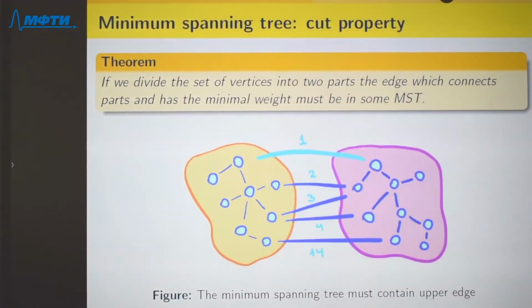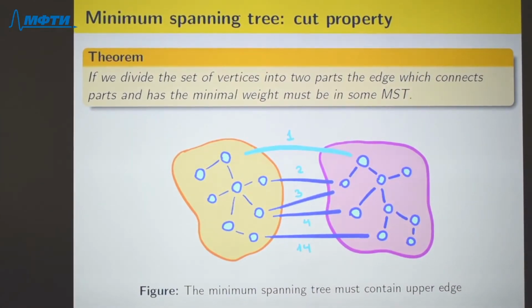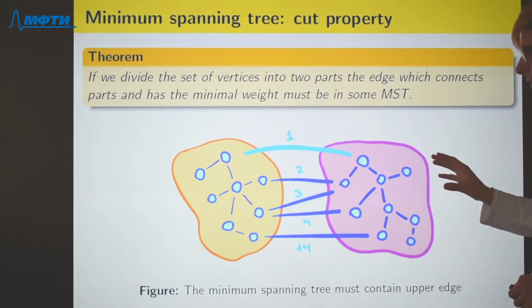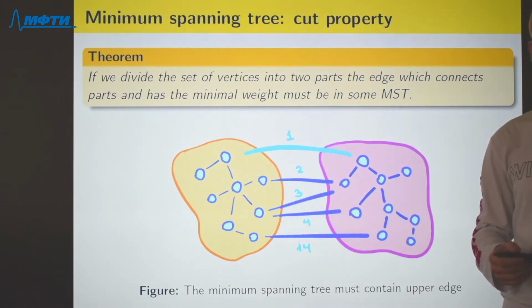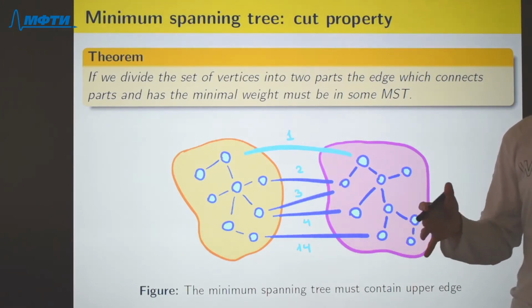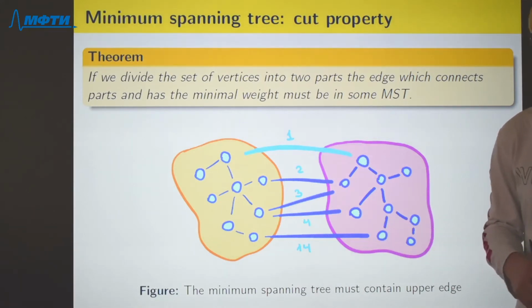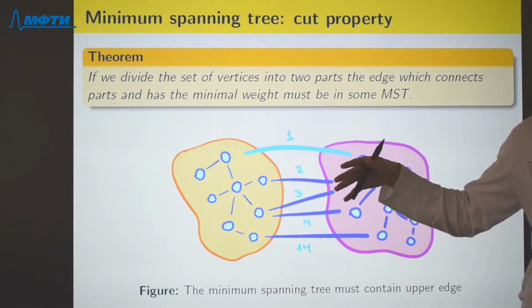So, about the cut property, we talk about cuts today a lot, so we need to understand what it is. Do you remember when we talked about the Ford-Fulkerson algorithm and found minimal cuts in the network? Remember when we said that max flow and minimal cut are equal in the network?